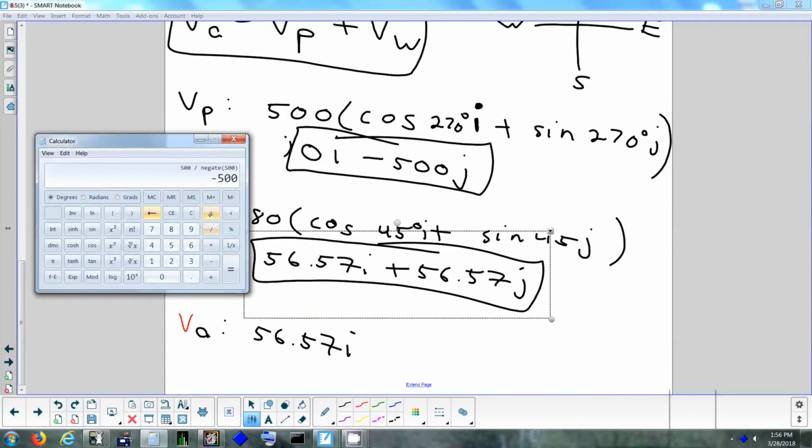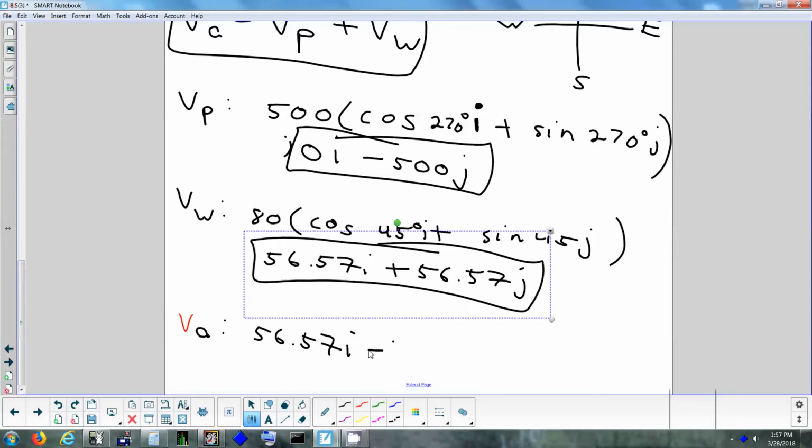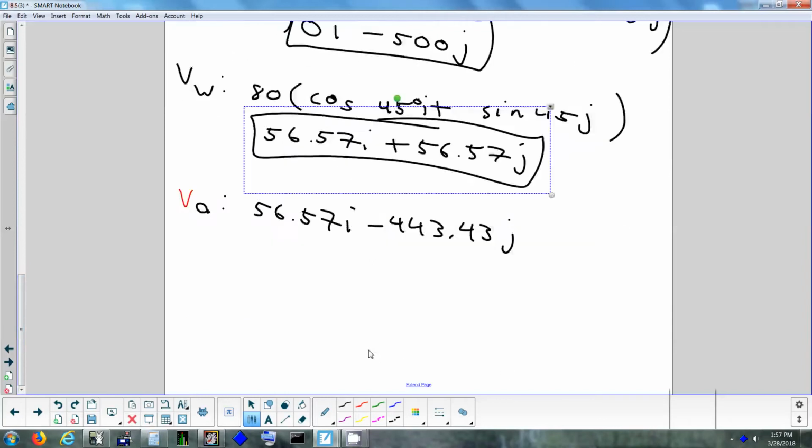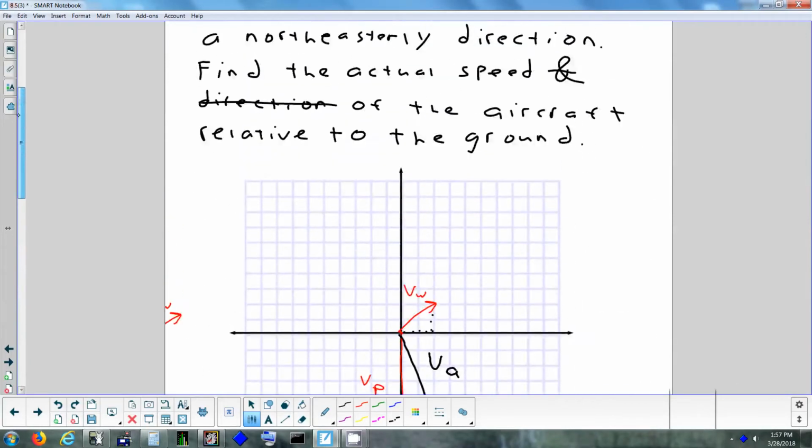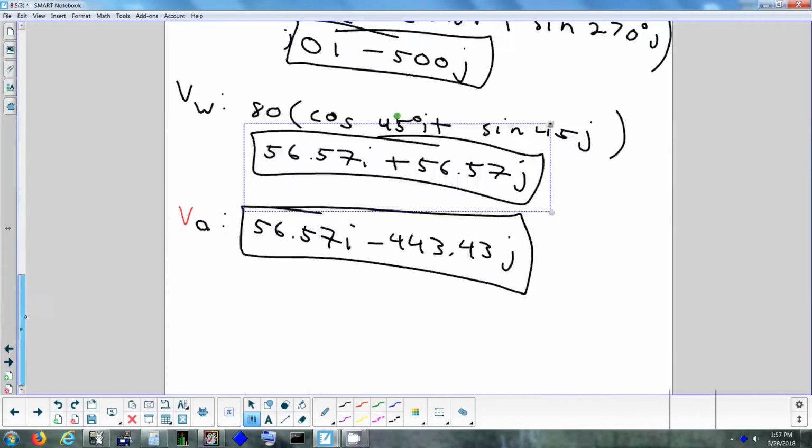negative 500 plus 56.57. So negative 443.43. All right, so now we have a vector that represents the combined effect of the wind and the plane. Now, all I want to find here is the speed.